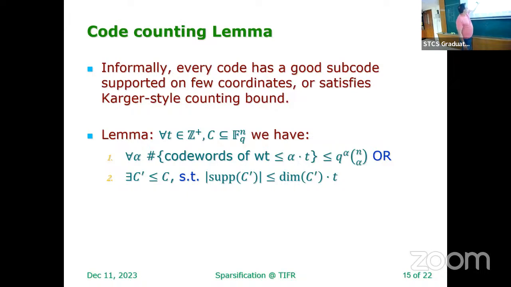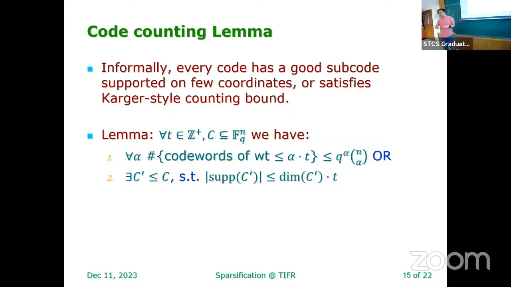Or there is a linear subcode contained in my code, whose support is very small compared to its dimension. So it's only t times larger than its dimension.